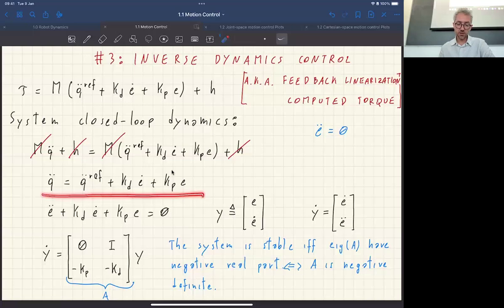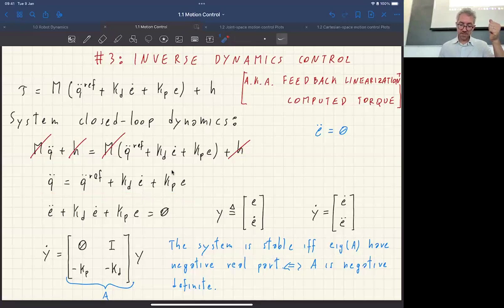So the joint accelerations are going to be equal to the reference accelerations plus the feedback terms. This dynamics here is linear. There is no nonlinearity here. Everything is linear, which means we can rely on linear control theory to analyze its behavior.